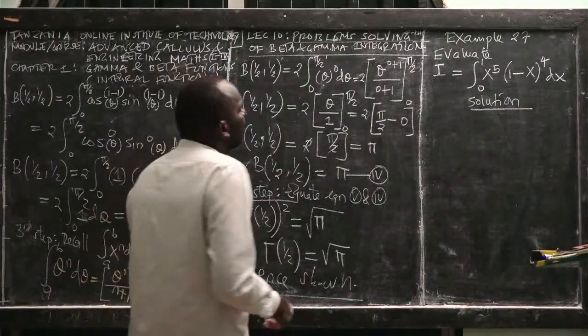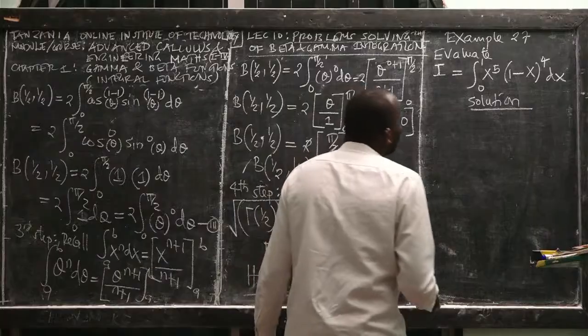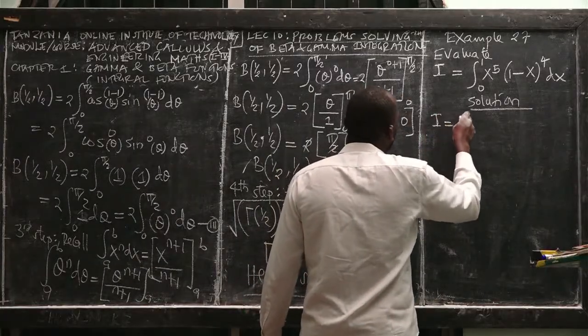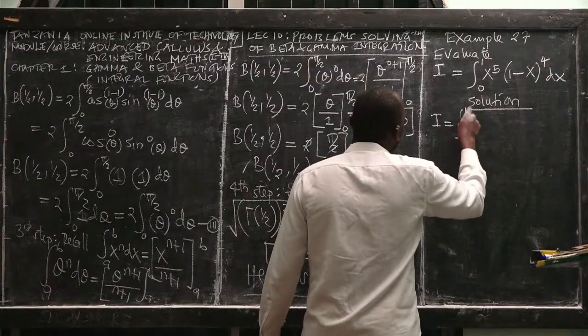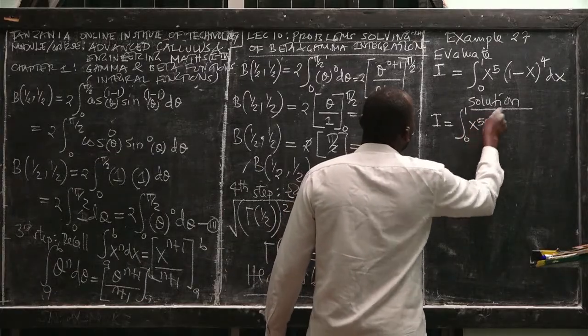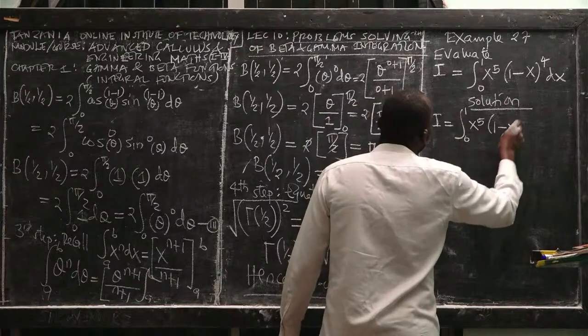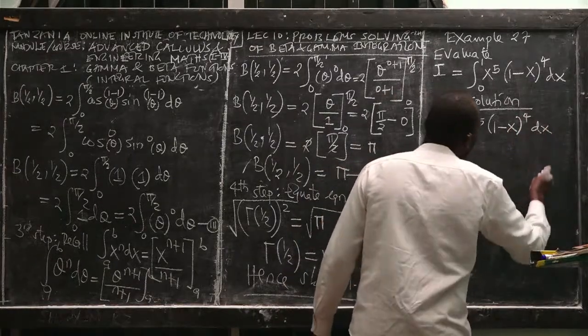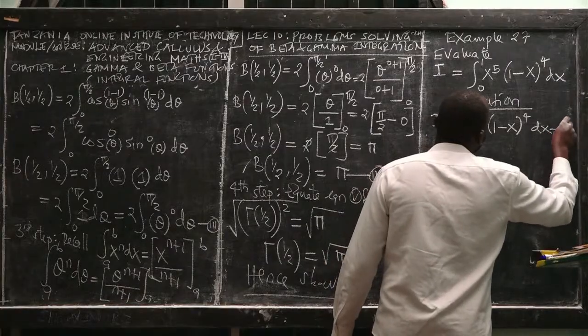Thank you. So because it's Cartesian form, let us say that I, or the integral, is equal to integral from 0 to 1, x power 5, 1 minus x power 4 dx. This is the question I took from the DIT teaching manual of advanced calculus. Suppose that this is equation 1.